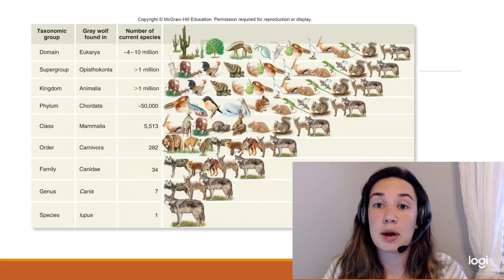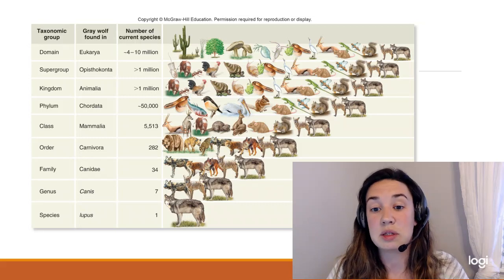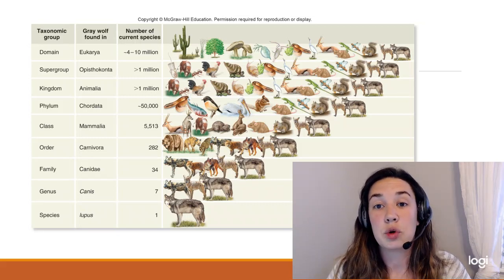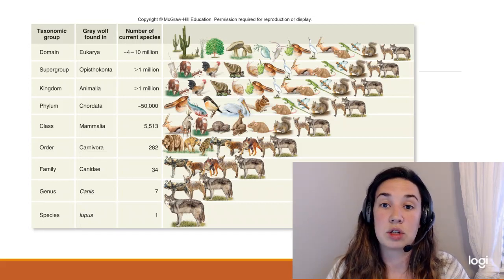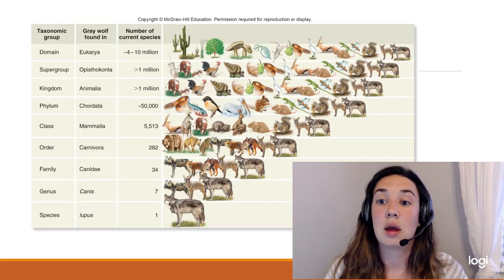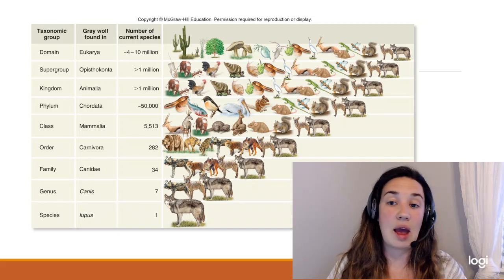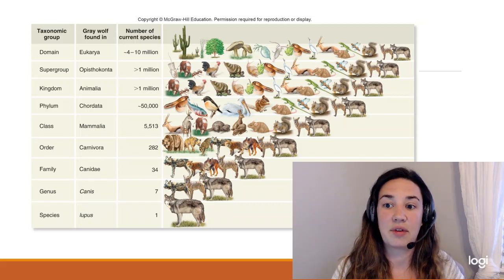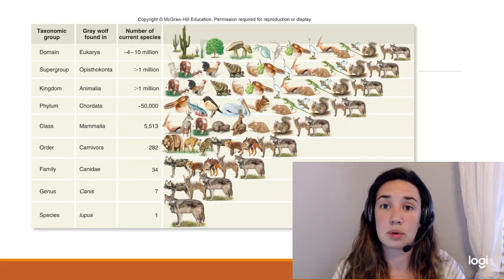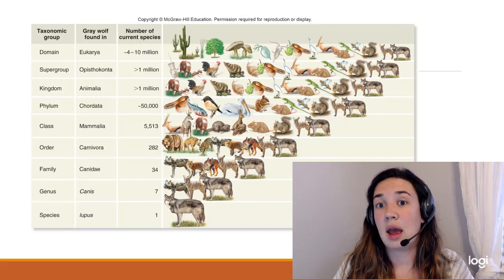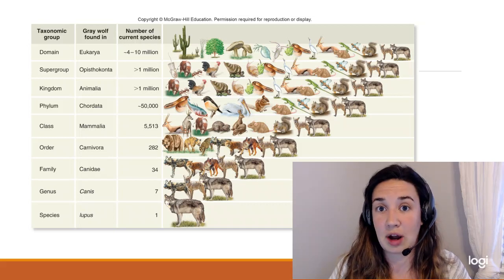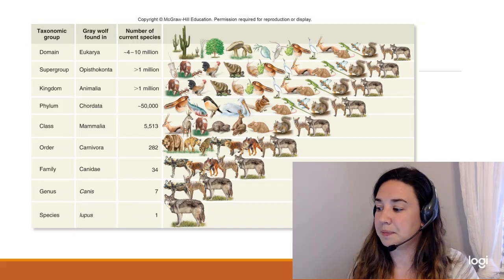When we talk about the gray wolf, the proper way to discuss it would be using the genus and the species or the specific epithet, which would be Canis lupus. So you can see, as scientists classify all of these organisms, it goes through a series that really puts it into little boxes to help it become more distinct and to help scientists best describe a specific species.